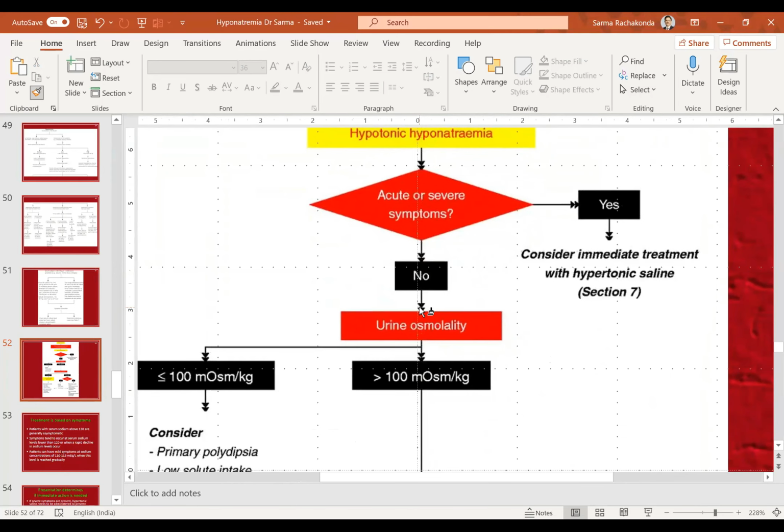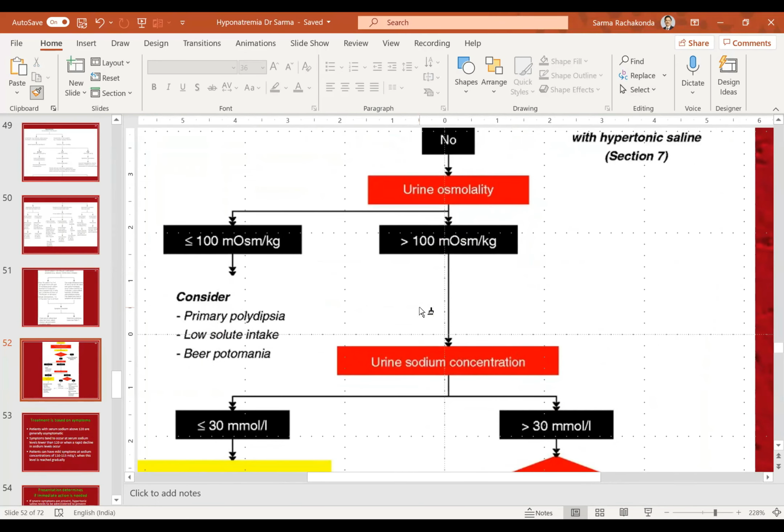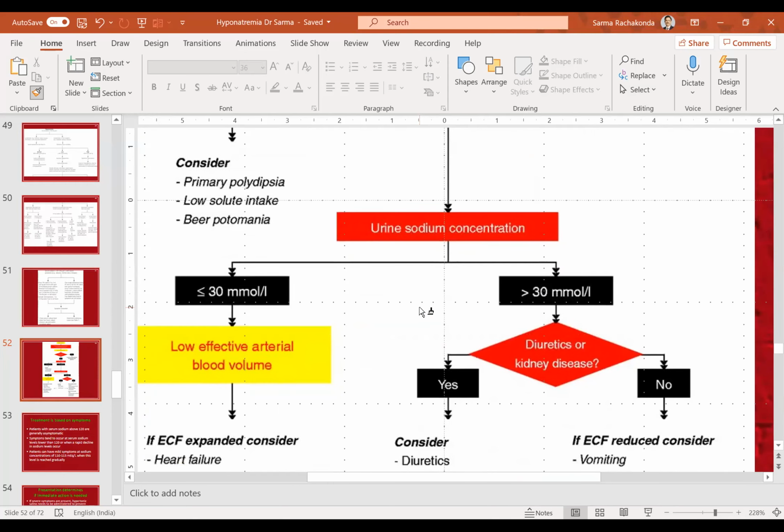Is it acute or severe? If it is acute or severe symptoms present, consider the immediate treatment with hypertonic saline. If there are not many acute symptoms, look for the urine osmolality. Less than 100 suggests primary polydipsia and low solute intake. More than 100, then you have to look at the urine sodium concentration. They said 30, but usually many books give 20 milliequivalents per liter.